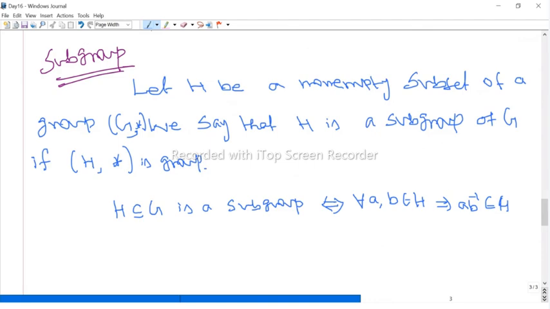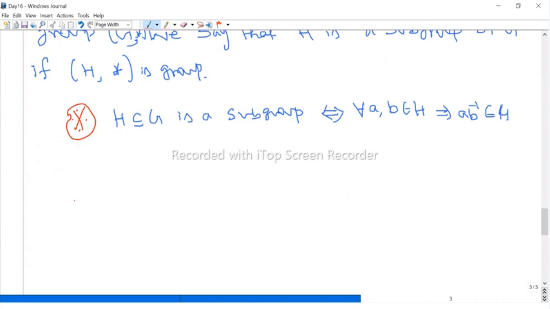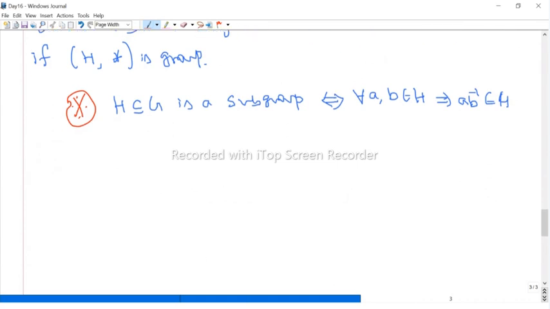This is a very important characteristic to check whether a set is a subgroup or not. No need to check all the group conditions. These are all very important things.